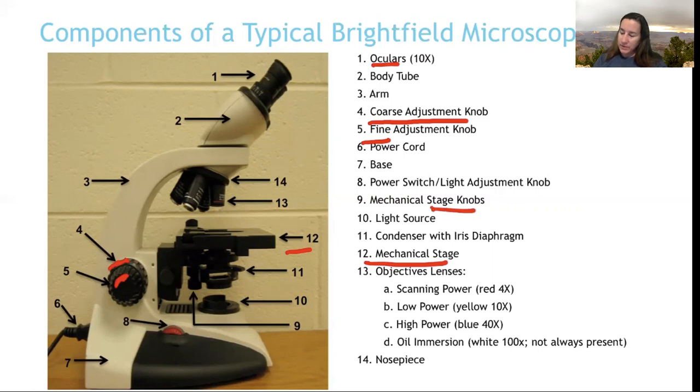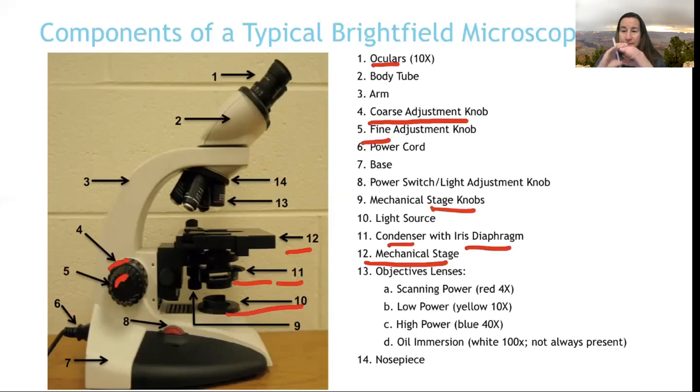Your light source is shining up from the bottom up. Then it is going to pass through a condenser over here, and then it will shine up through the stage onto your slide with your specimen on it. The condenser is going to have a diaphragm.